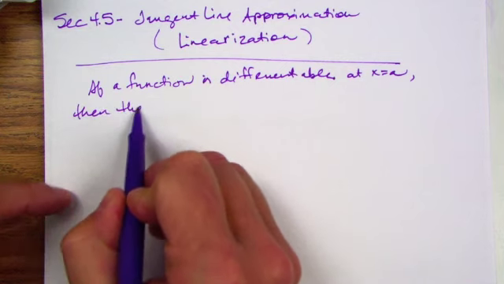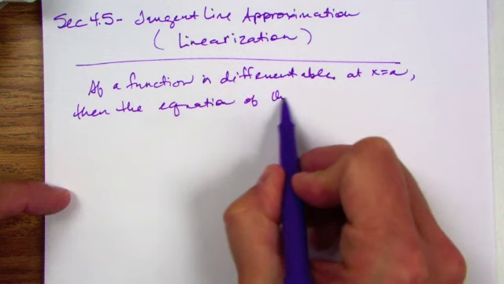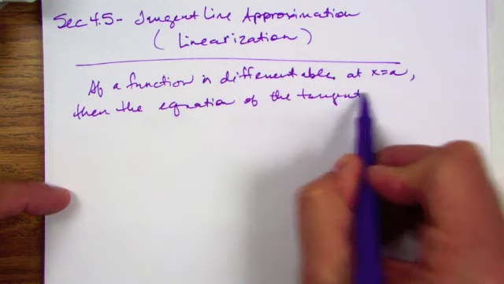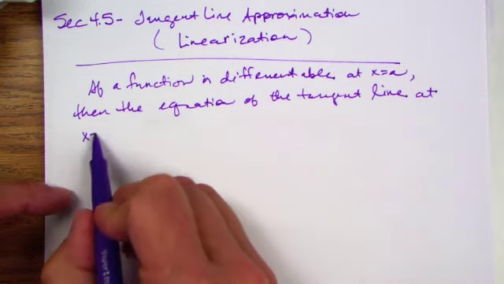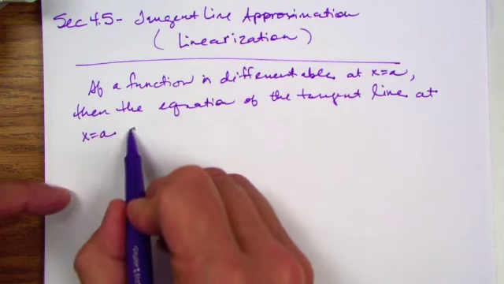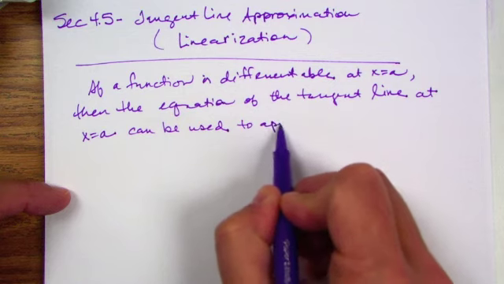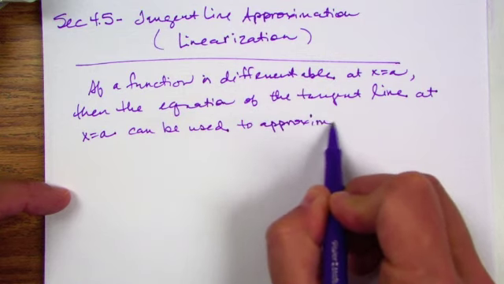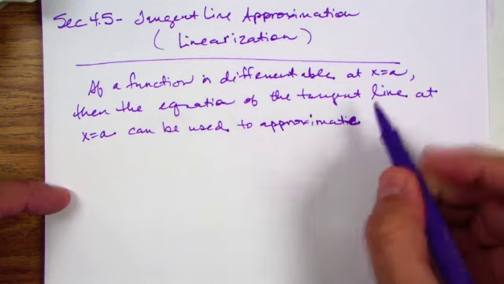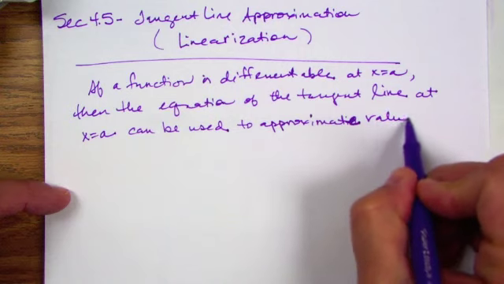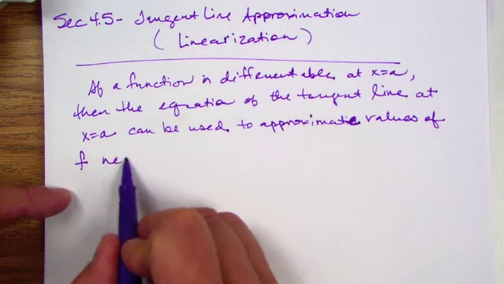Then the equation of the tangent line at x equals a can be used to approximate values of f near a.